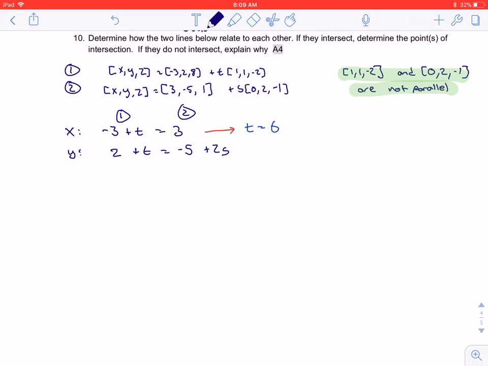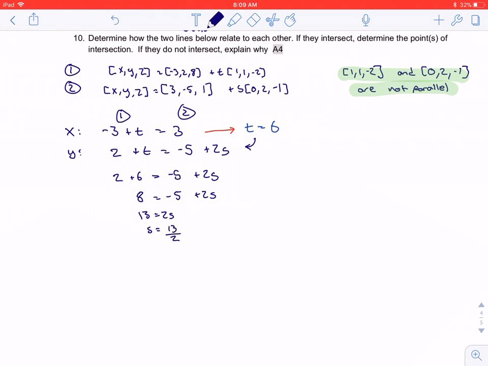And then if I sub that in here, I'm going to get 2 plus 6 is equal to minus 5 plus 2 times s. So I'm going to get 8 is equal to minus 5 plus 2s. 13 is equal to 2s. S is going to be equal to 13 over 2.